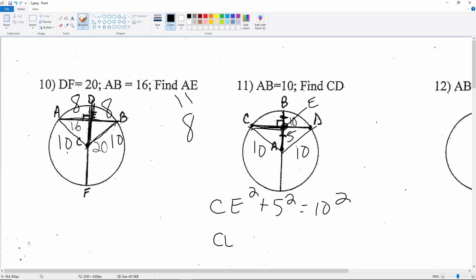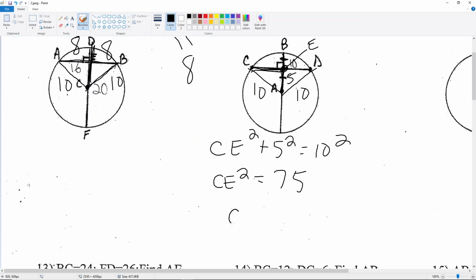So CE squared equals 10 squared minus 5 squared, which is 75. CE equals the square root of 75, which is 3 times 25, which is 5 square root of 3.